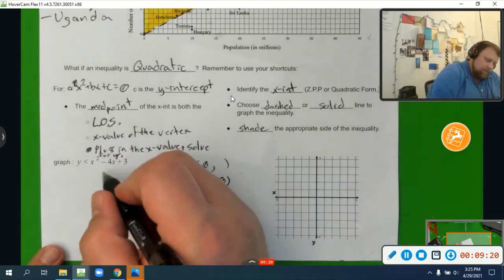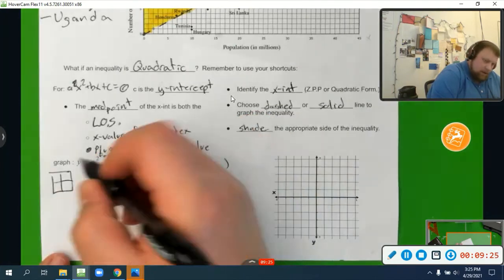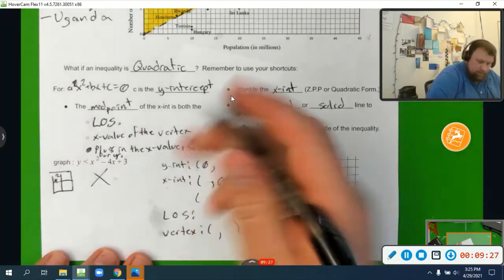All right. I'm going to start off with a generic rectangle and diamond. And I've got what? X squared. In fact, why don't we pause this?